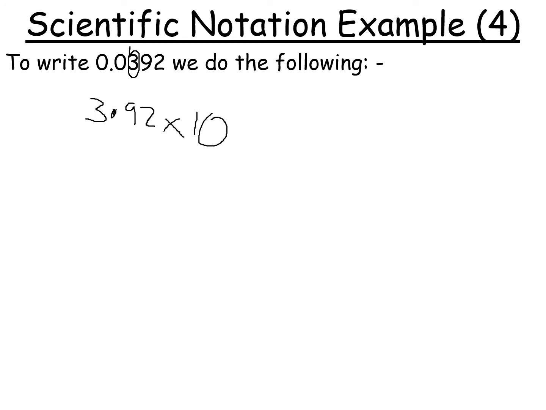And how many places is the decimal place now? So let's count it. It is 1 and 2. So the 2 goes there, not all the way to this 2, just to after the 3, remember, because that's where we put our decimal place. And then it's a minus to show it's less than 0. Okay, so the answer there is 3.92 times 10 to the negative 2.